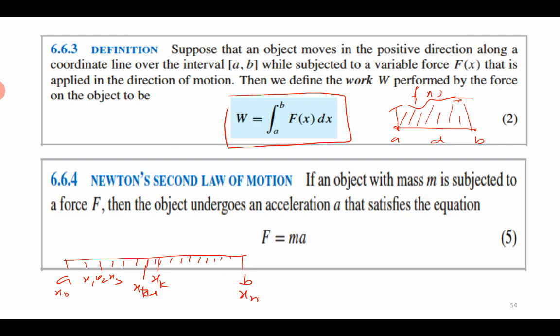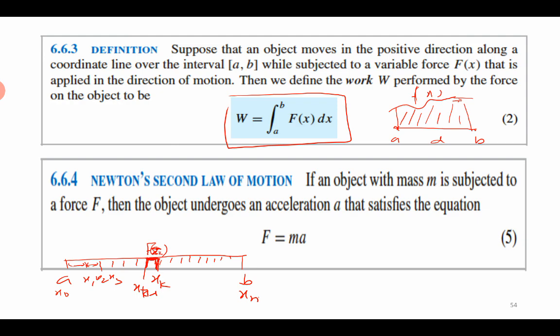Assuming that the force is constant in every interval, so that the interval is sufficiently small, the force will be f of xk star at any point in the small interval. Throughout this interval the force is constant.